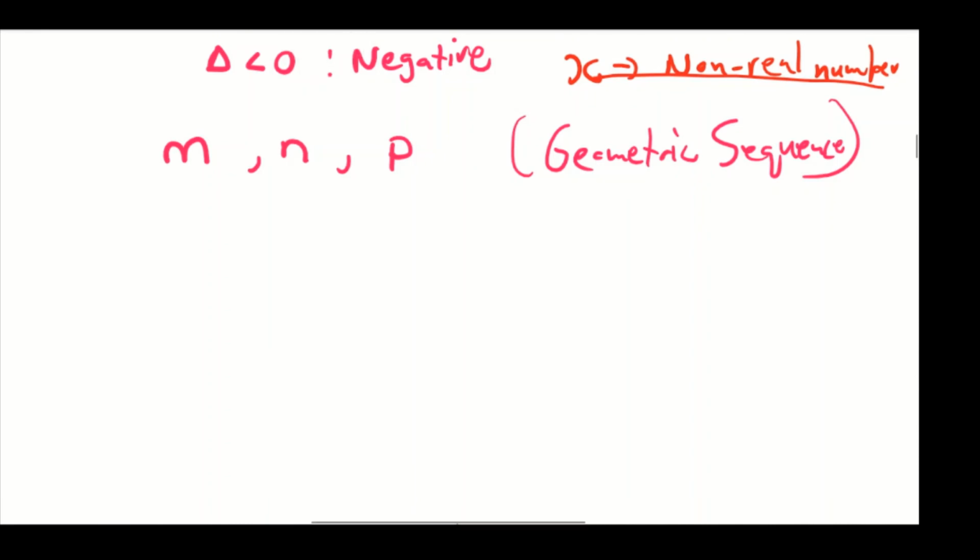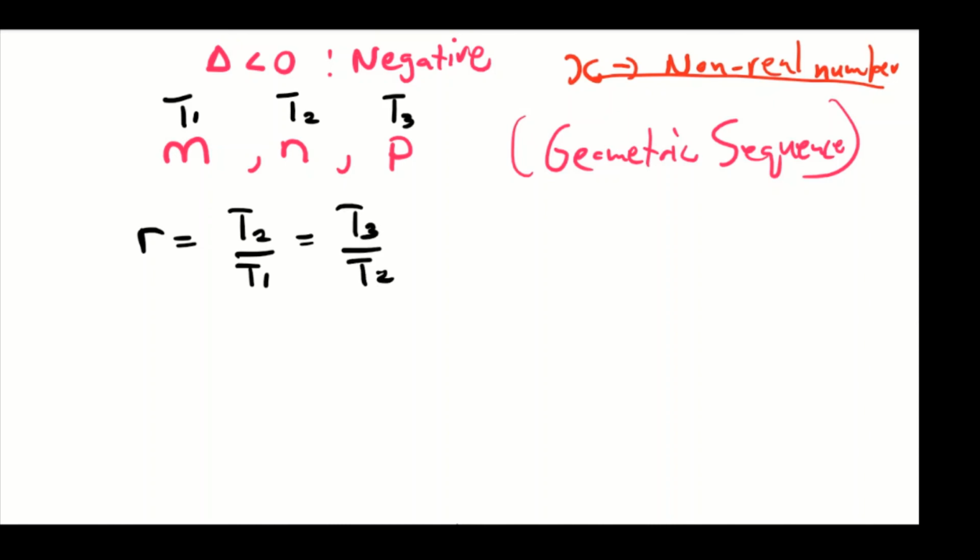So the first step here, because we were told that m, n, and p form a geometric sequence: what is a geometric sequence? A geometric sequence has a constant ratio, right? So if this is our term number 1, this is term number 2, and this is term number 3, then the constant ratio would be t2 divided by t1 is equal to t3 divided by t2. So what is our t2?